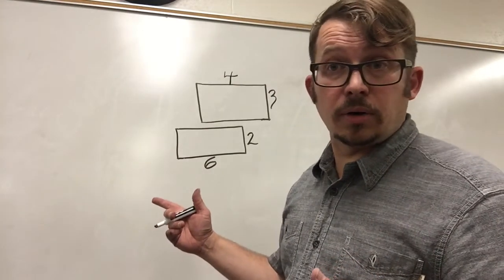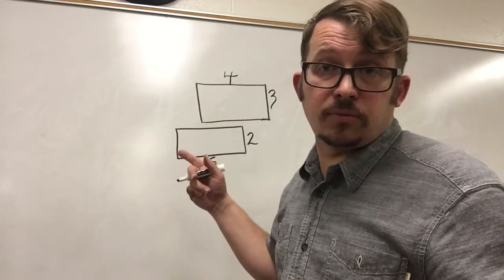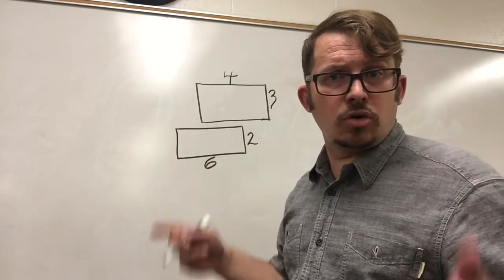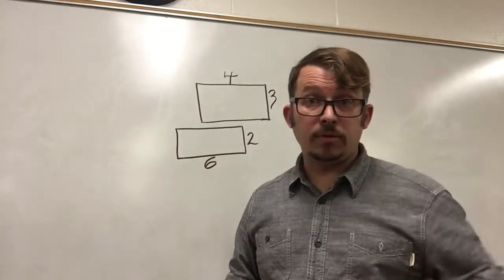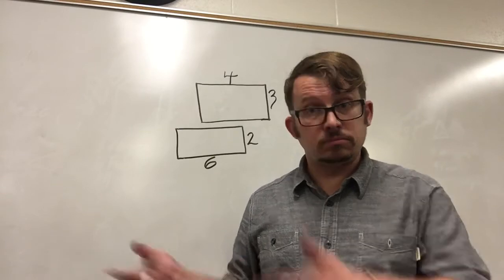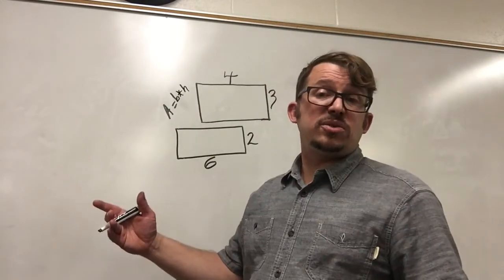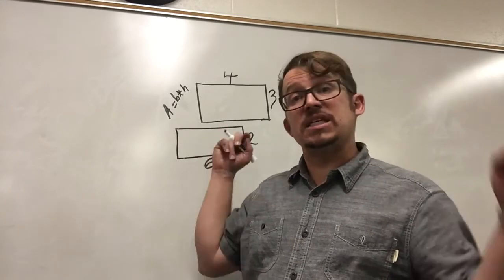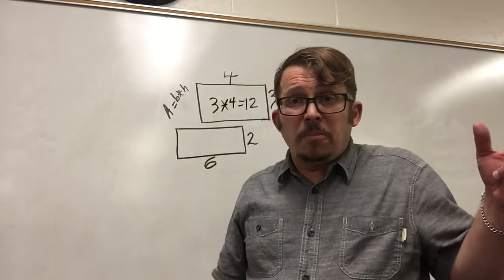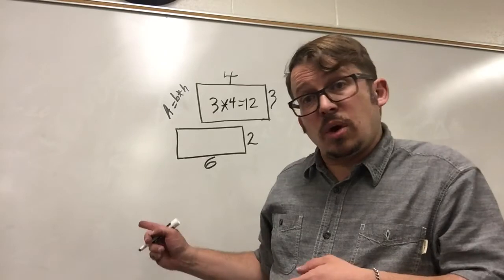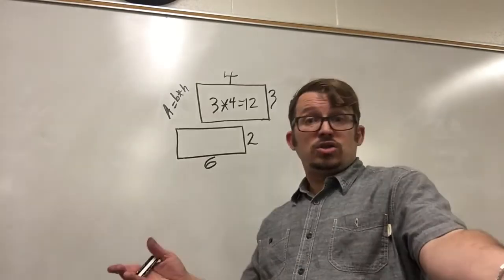So here we are, 2 by 6, 3 by 4. They don't measure the same, but what's their area? Area is base times height. Let's do that. 3 times 4 is 12. But area is base times height, so 6 times 2 is 12.